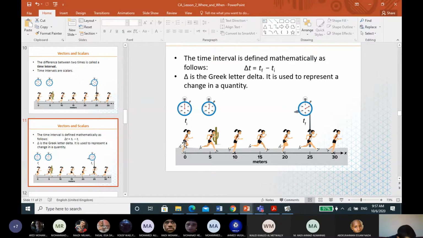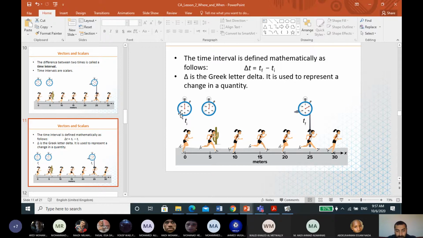It's not the case that all the time I will start from zero value. No, I may start counting from, let's say, 2 seconds. So maybe t final will be 5 seconds, t initial will be 2 seconds. It's not always that t initial will be 0.